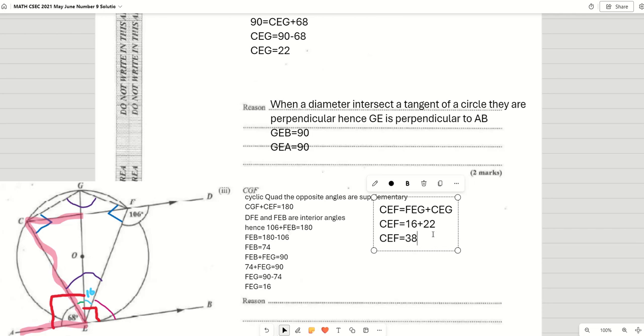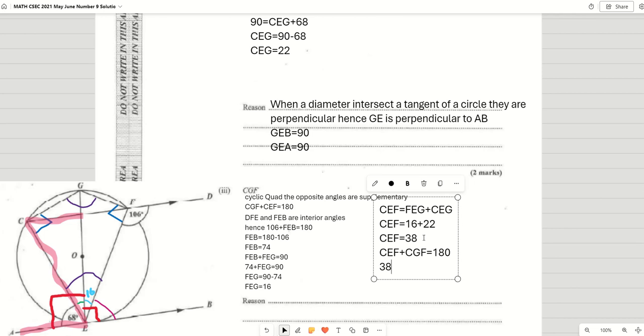38 degrees. Alright, so again, look at this part here. We know that in cyclic quadrilaterals, the opposite angles are supplementary. So CEF plus CGF is equal to 180.